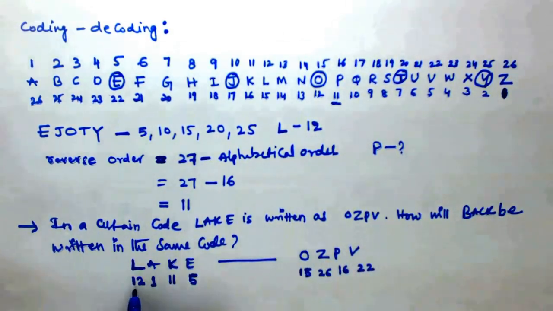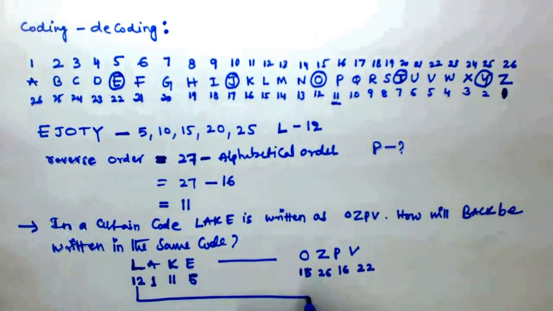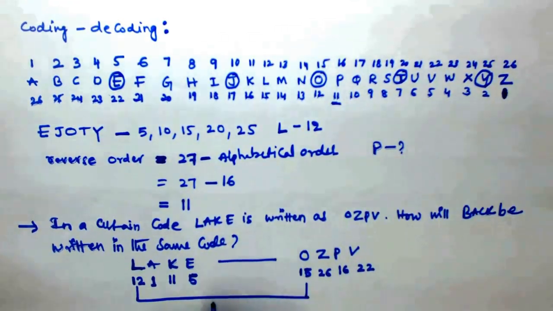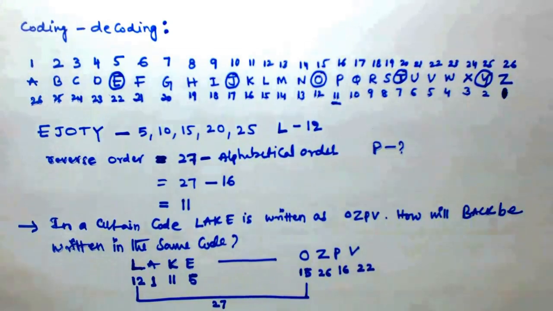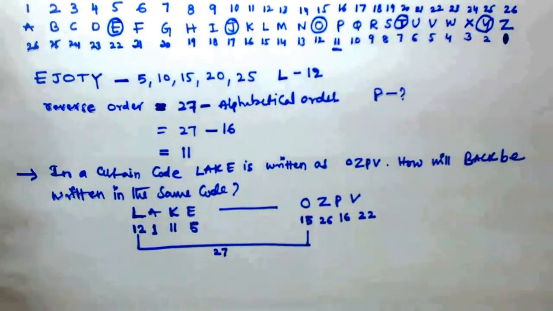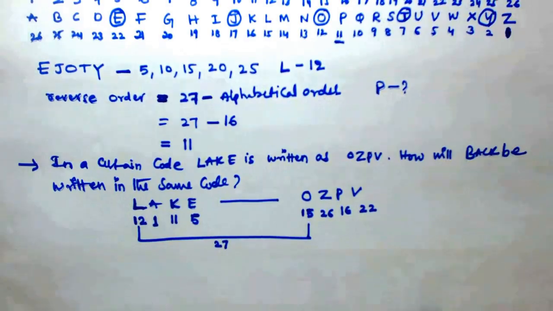So if we observe this, 12 plus 15 is 27. If you add those two numbers, we get 27.